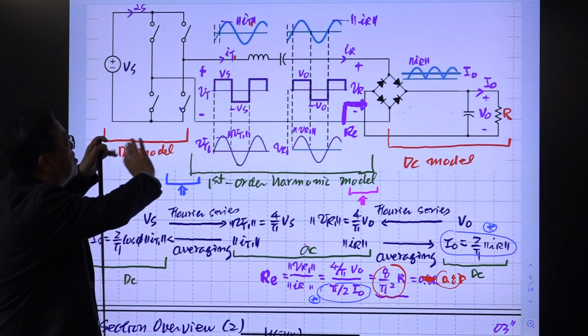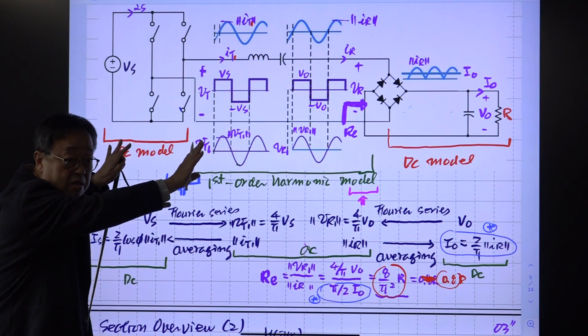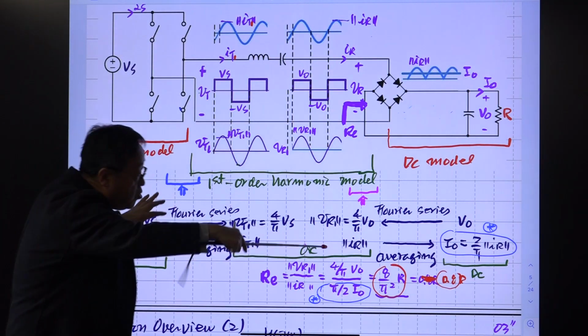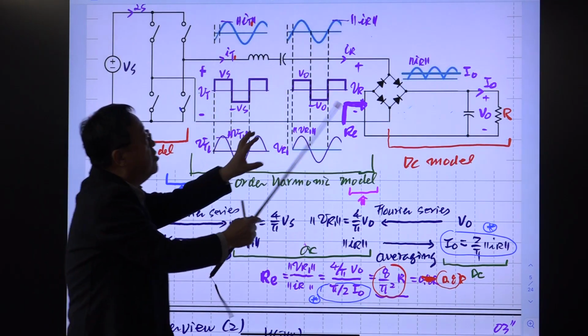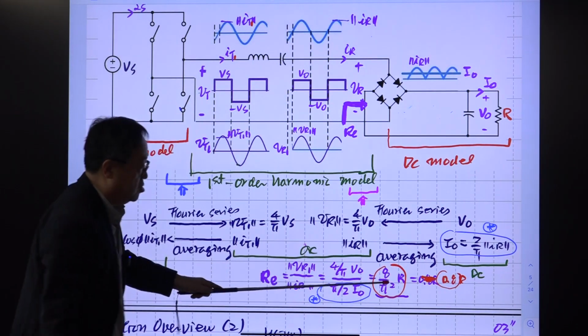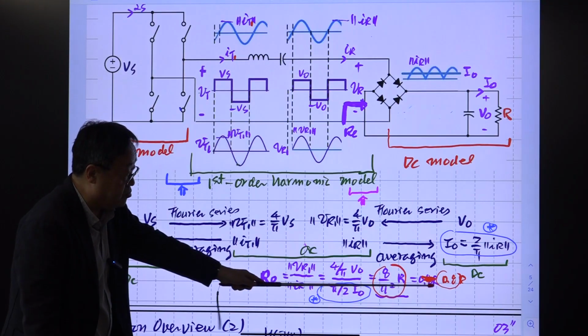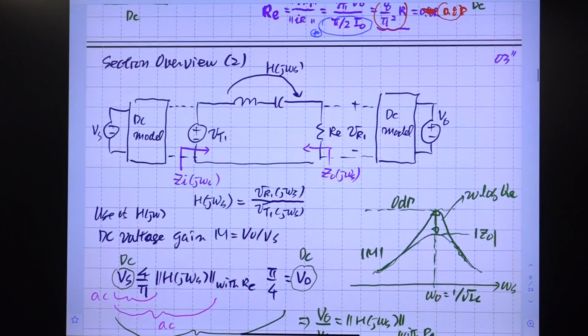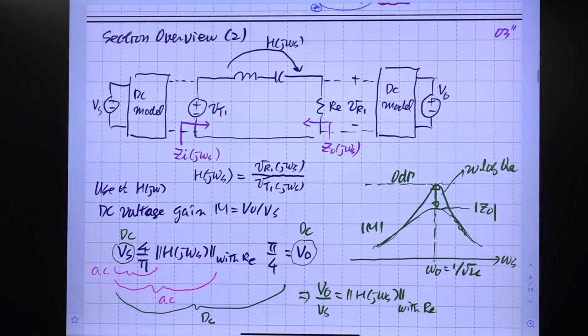Then we can separate this into 3 pieces, because it was connected through this. We know every relationship, but since it was connected through this, and we know the expression of RE in terms of R, then we can separate them. The next slide shows that concept. Overview of section, overview number 2. So we have a DC model.